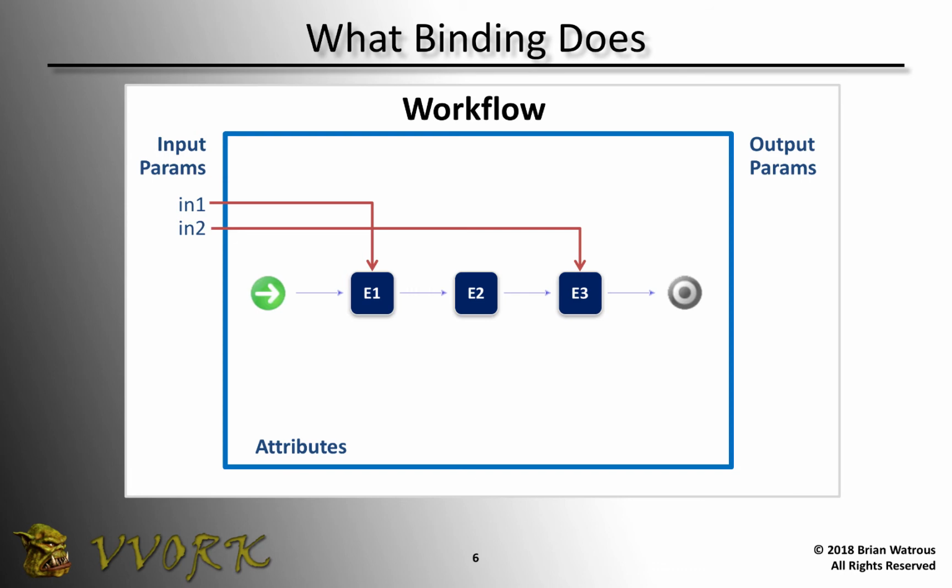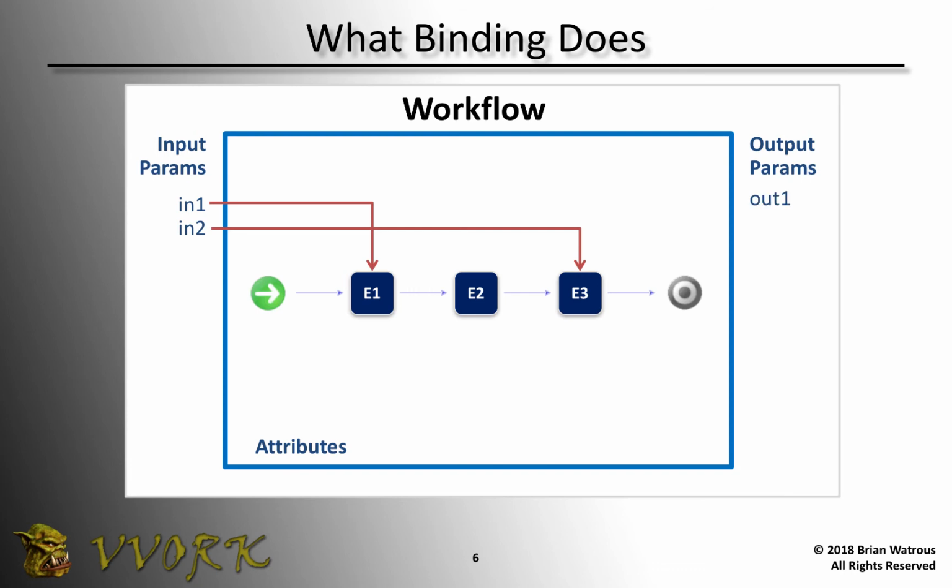So now we can see that if we set up inward bindings from our input parameters into these different schema elements, specifically into some variable in the schema elements, then we'll be able to access the value of our input parameters from within those schema elements, provided we use the local variables that we set up in the binding.